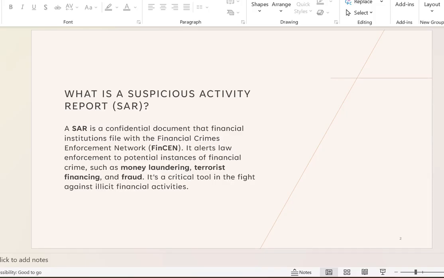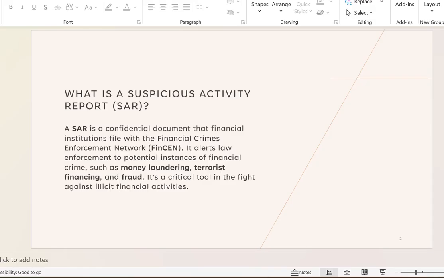It alerts law enforcement to potential financial crime such as money laundering, terrorist financing, and fraud. It is a critical tool in the fight against illicit financial transactions and to prevent financial crime in the financial domain. That's the benefit of filing the suspicious activity report.